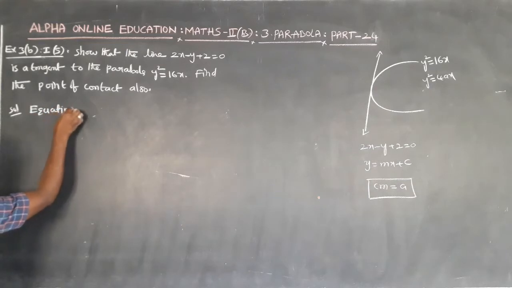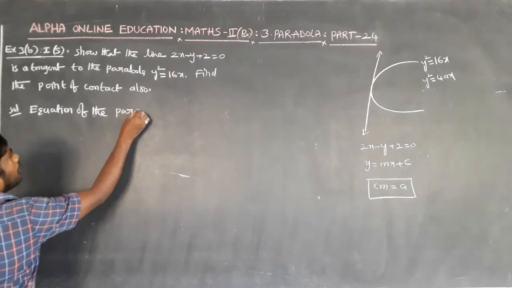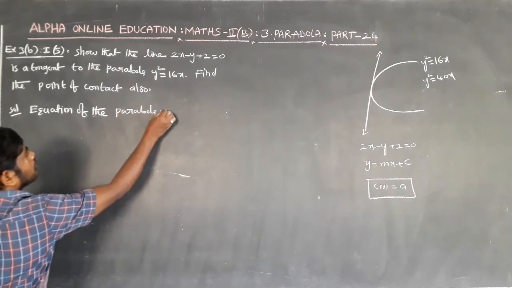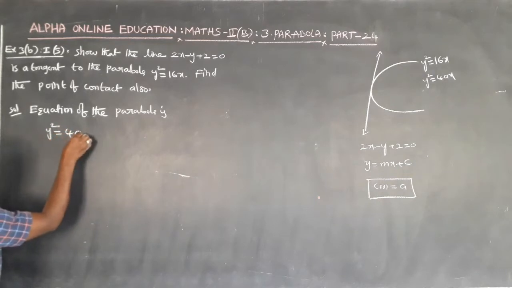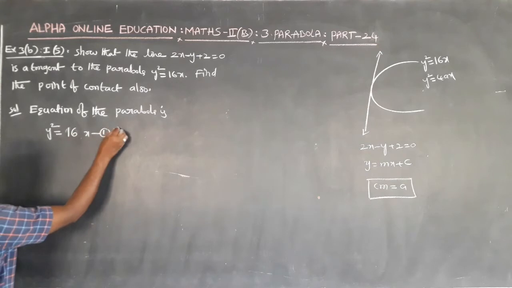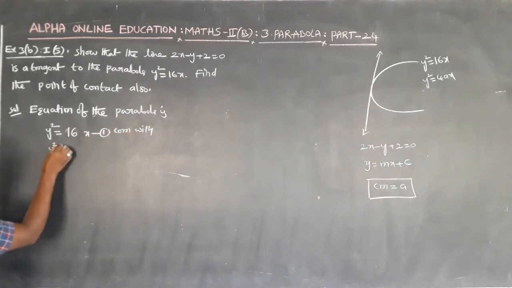First of all, the equation of the parabola is y square is equal to 16x.